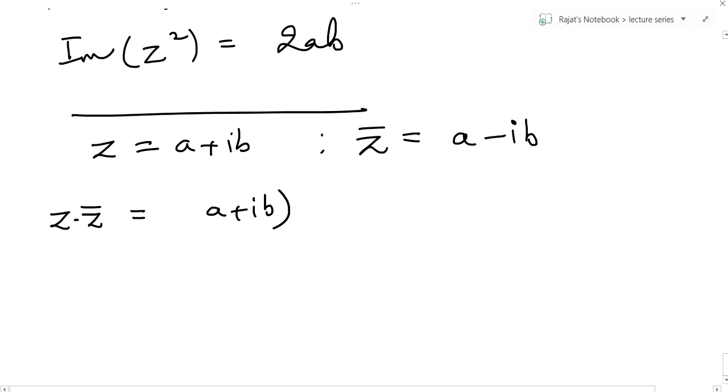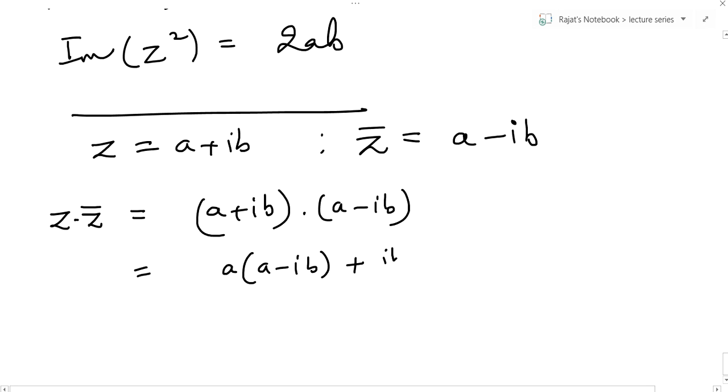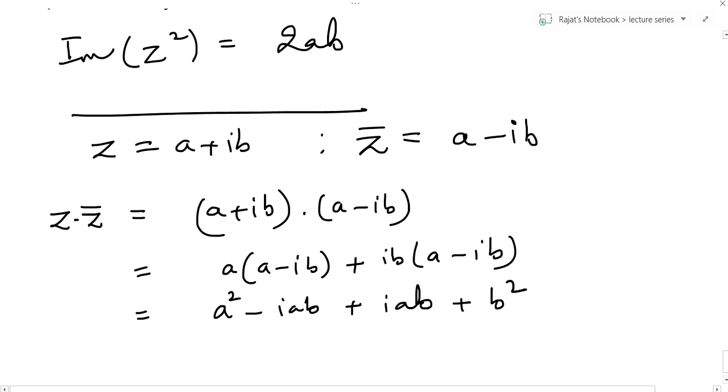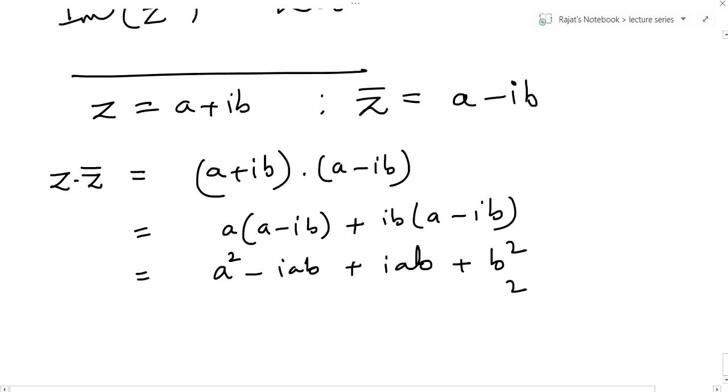This will be a plus ib into a minus ib. This will be a square minus iab plus iab plus b square, because again i square is minus 1, so minus 1 into minus 1 is plus 1. The two middle terms cancel out. So this is nothing but a square plus b square.